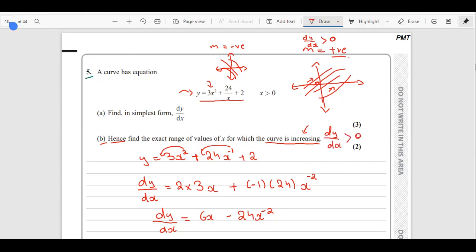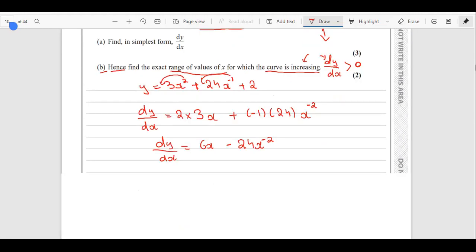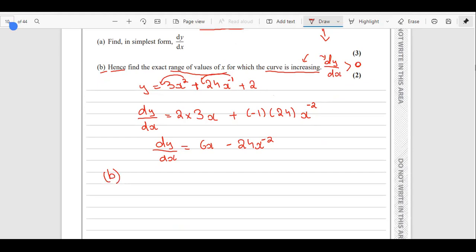So we need to use this in order to find range of values of x, right? Yes. Okay.